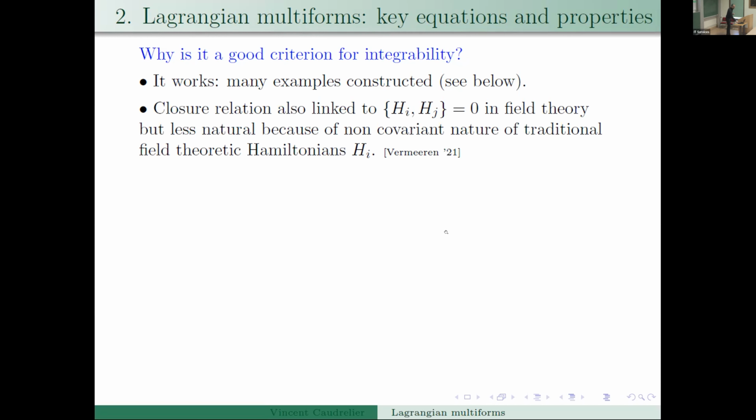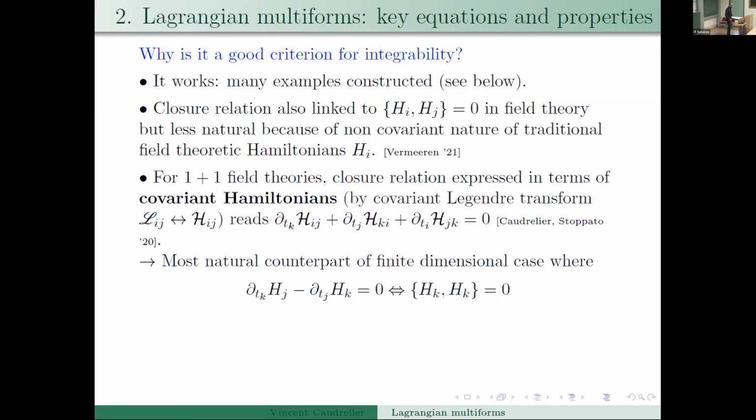But these Hamiltonians that you use in field theory, I don't like them because they're non-covariant. But there's a way to define covariant Hamiltonians when you have a field theory. And if you do that, your closure relation in terms of these covariant Hamiltonians takes the same cyclic form. I don't have a proof, but to me, this is the correct generalization of what holds in finite dimensional mechanics.